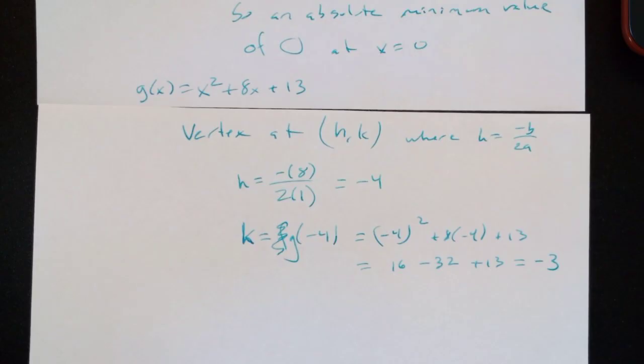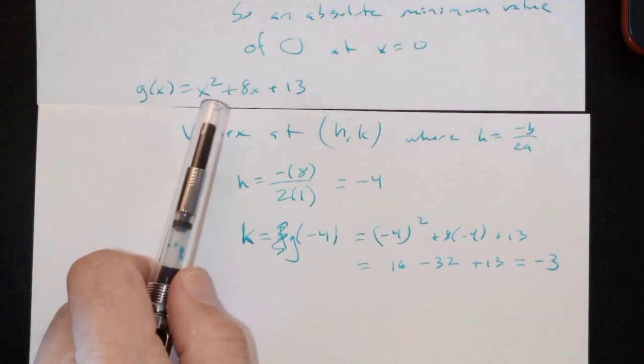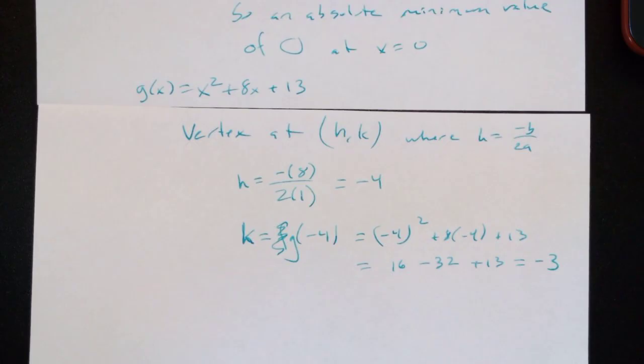Is this a minimum value or a maximum value? Why? It's quadratic. Parabola opens upward when the a is positive, downward when the a is negative, okay. I haven't needed calculus yet.